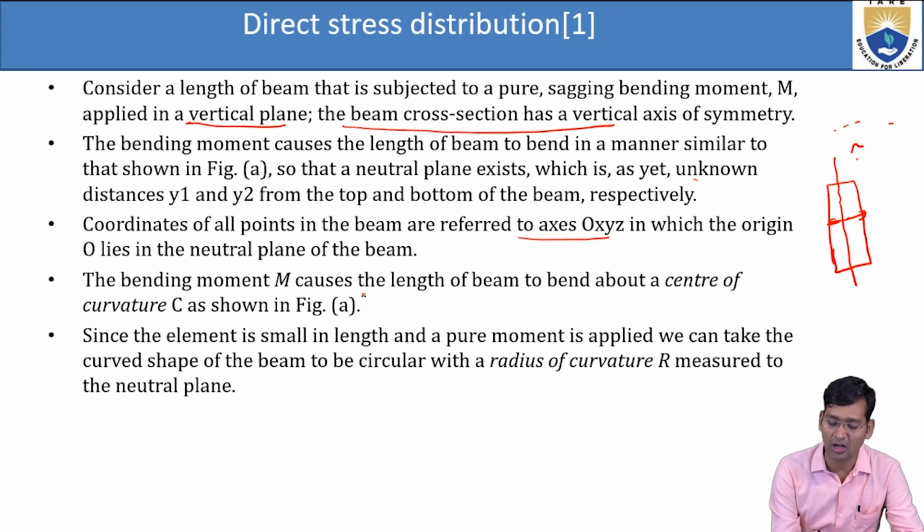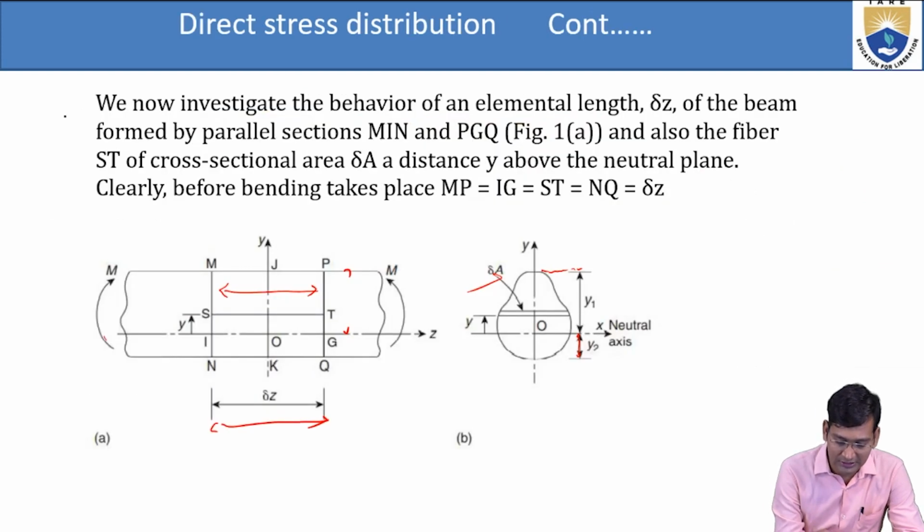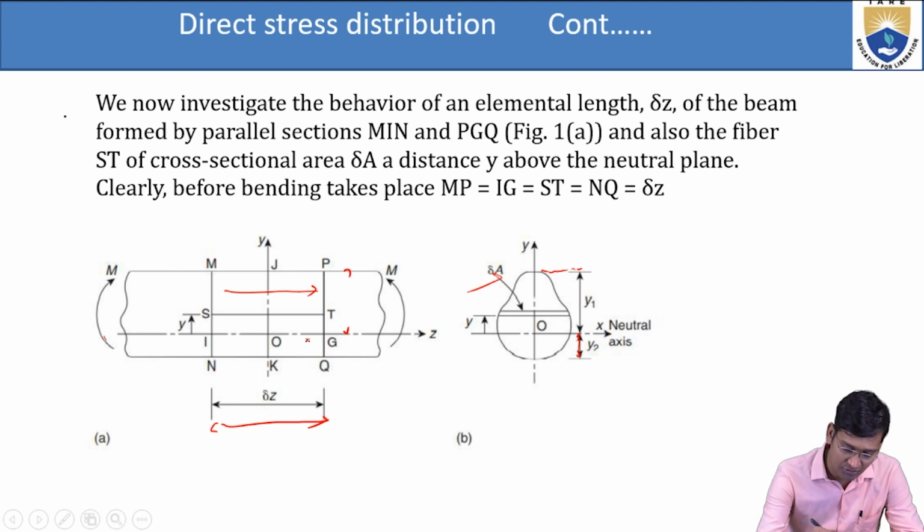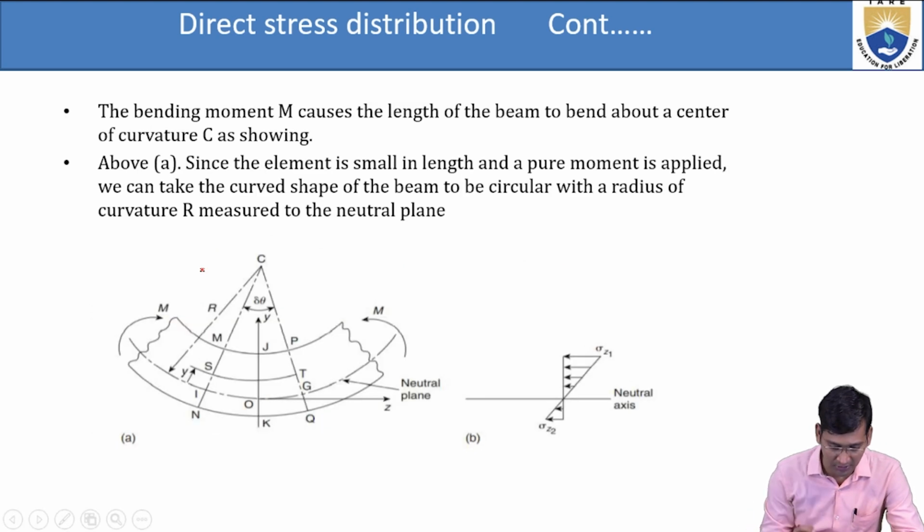The bending moment M causes the length of beam to bend about a center of curvature C as shown in the figure. So just see, about the center of curvature C, it will bend here. Now what distance will we take?